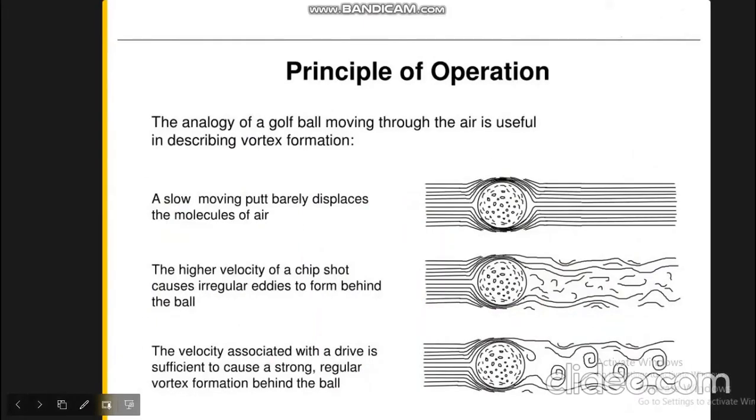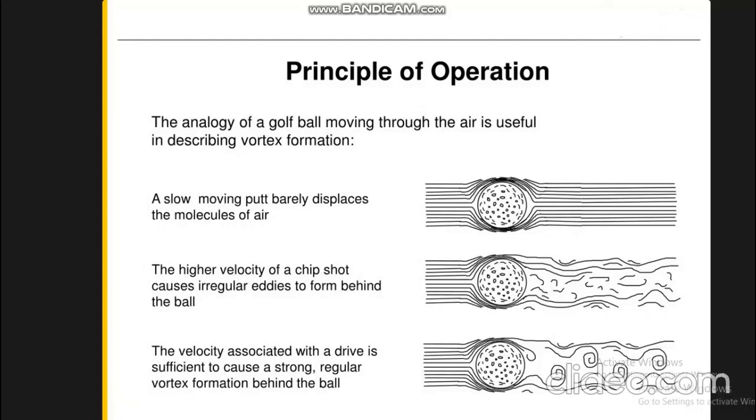First we'll get basic knowledge about the vortex flow meter function, its process and working principle. Before going to the topic, we'll have to understand how a vortex flow meter works and with what phenomena we can get an analogy of the function and processes of this vortex flow meter.